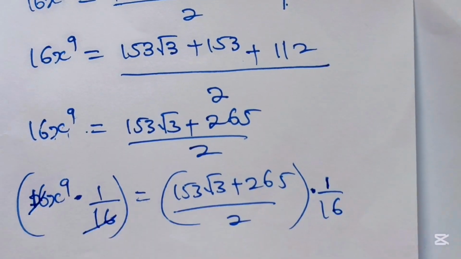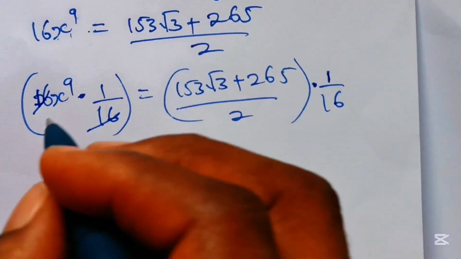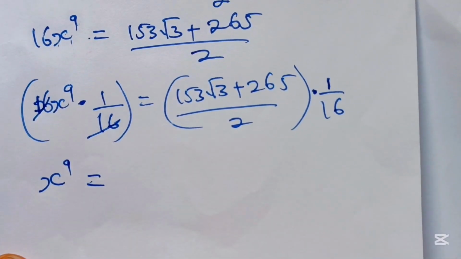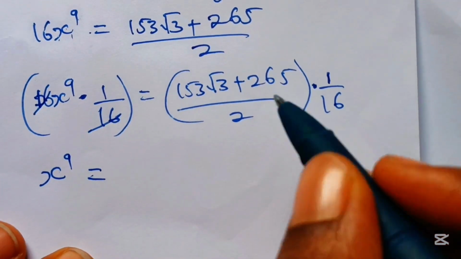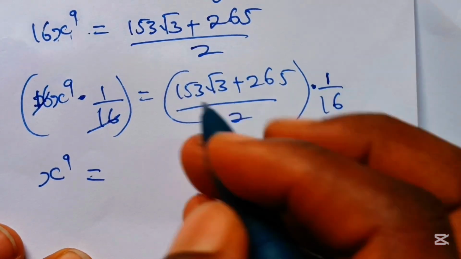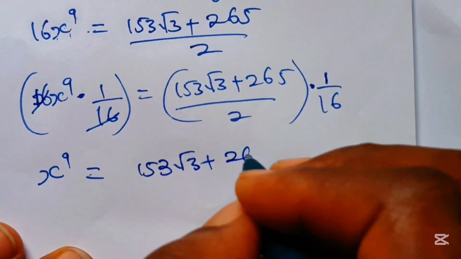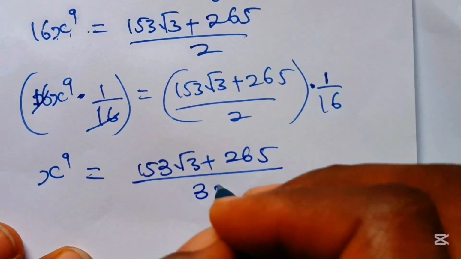So this 16, we cancel this 16. Now we have x to the power of 9 is equal to 153 root 3 plus 265 divided by 32.